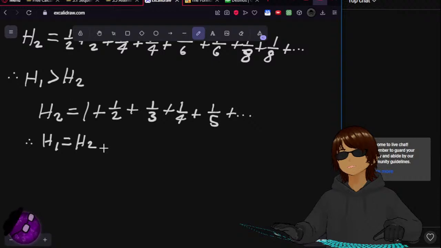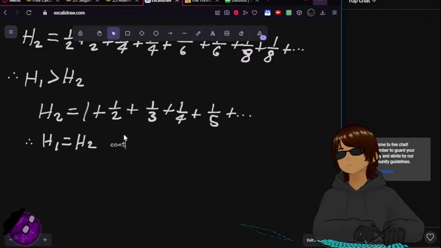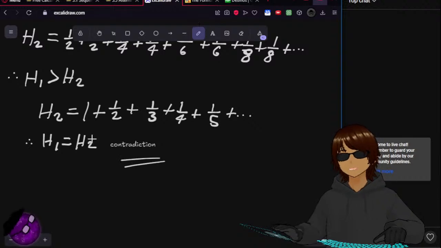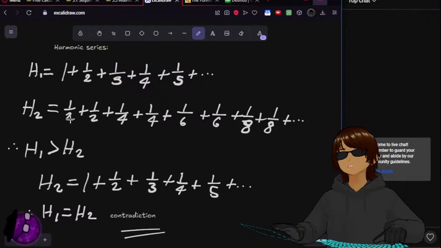But there's a contradiction here. So no such limit or no such sum h1 or h2 exists, because then it will cause a contradiction.